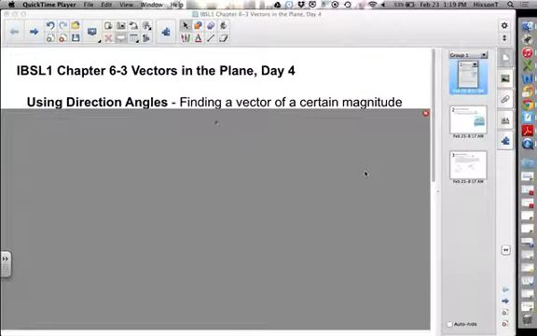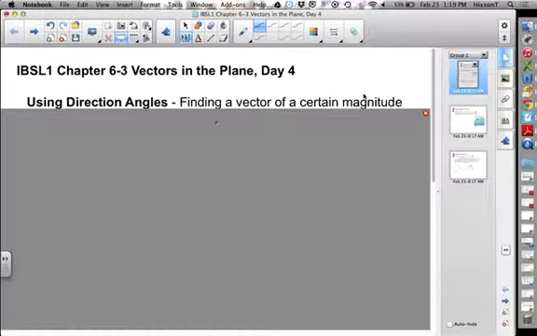Okay, first of all, I want to make sure you remember what direction angles are for, because what we're going to look at relies on us having an angle that is a direction angle. Does anyone remember how we said those angles were measured?